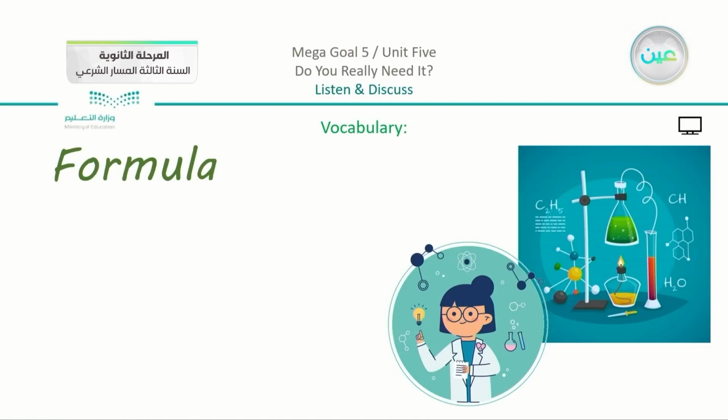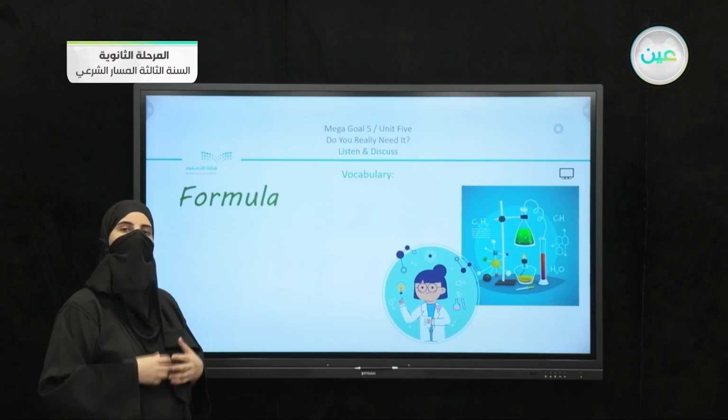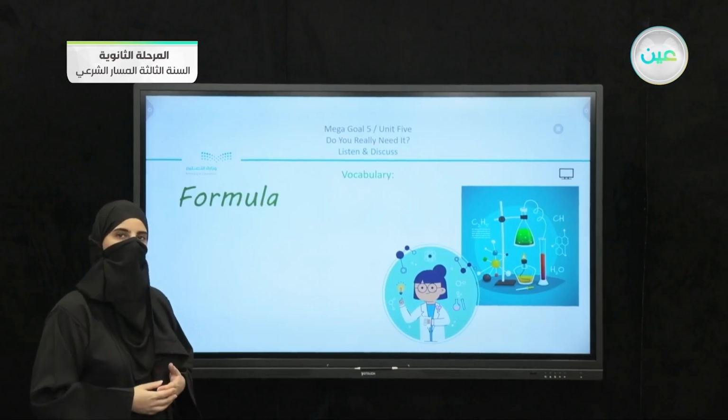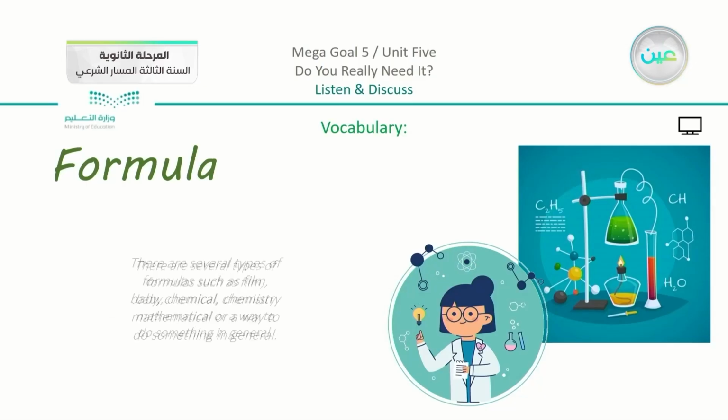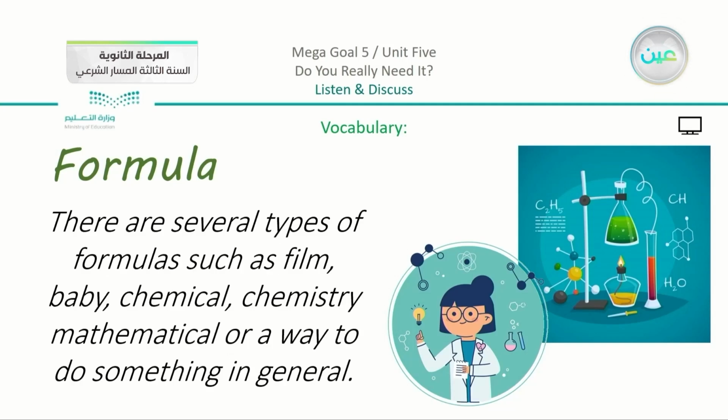Also, you can see that this girl, for example, she's working in a lab, chemistry. Also, there is something here dealt with some kind of combination. So it's very close to the meaning that we took in Unit 4. Now we can see that there is a relation. We can say that there are several types of formulas, such as film, baby, chemical, chemistry, mathematical, or a way to do something in general.